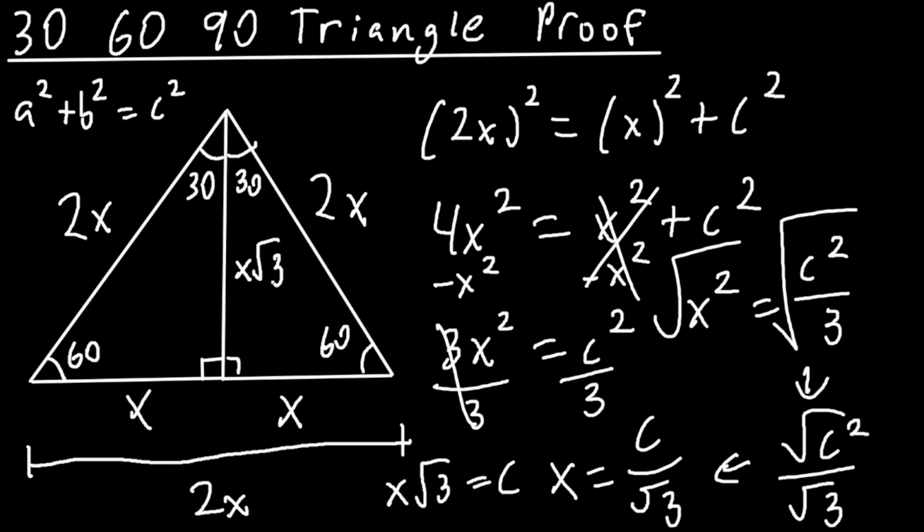If you look at this one triangle, that is essentially where the 30, 60, 90 comes from. Because we have the 60-degree angle, the side length opposite the 60-degree angle is x times the square root of 3, the side length opposite the 30-degree angle is x, and the hypotenuse is 2x.